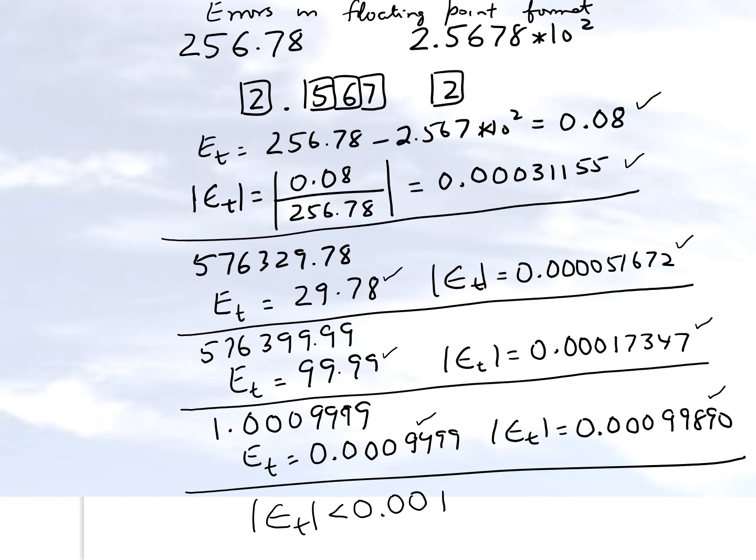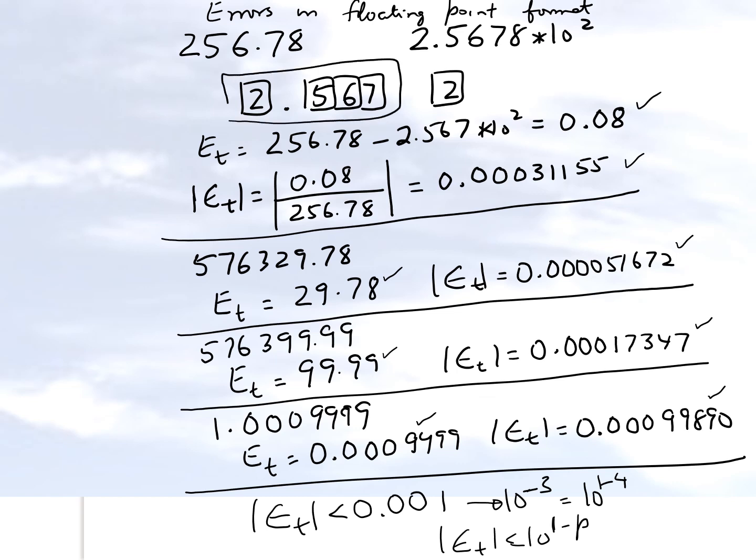And what does that correspond to? Well, that's 10 to the power minus 3, and that's 10 to the power 1 minus 4. And why did I write it like this? Because the relative true error is always going to be less than 10 to the power 1 minus p, where p is the number of places which you have for the mantissa. In this case, you have 4 places for the mantissa, so it'll be 10 to the power 1 minus p.